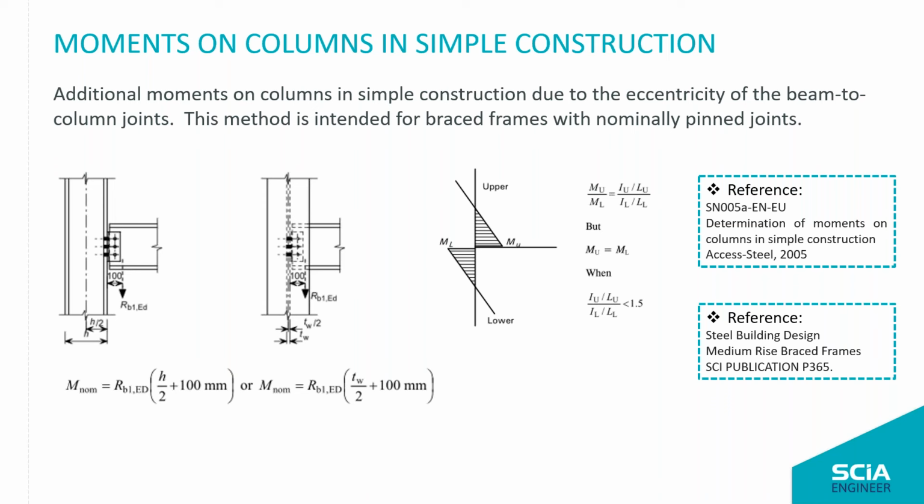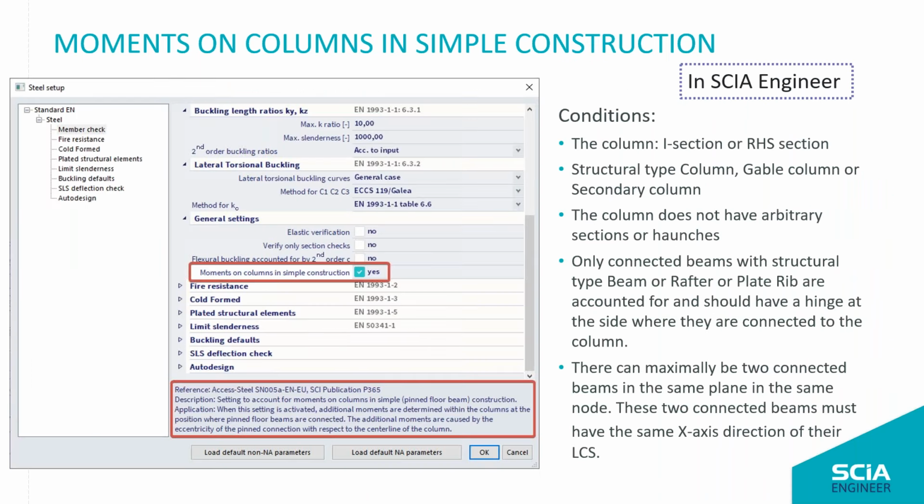And here, from the SCI publication and from Access Steel, we get some formulas to calculate what those additional moments in our columns would be for pinned joints. You can choose to consider these additional moments on your columns by activating the setting in the steel setup. By default, it is off, but there are some limiting conditions.